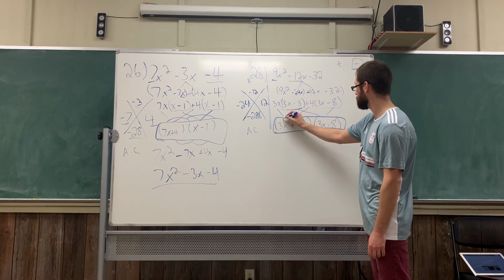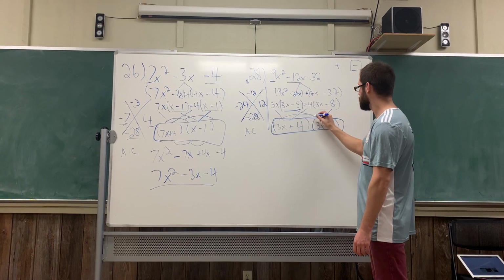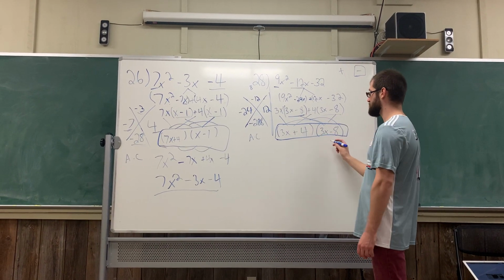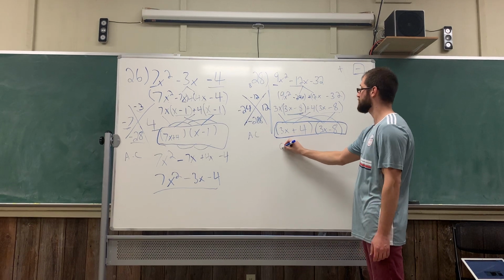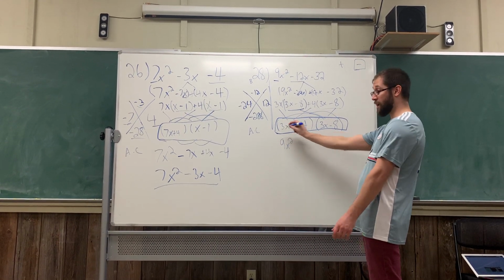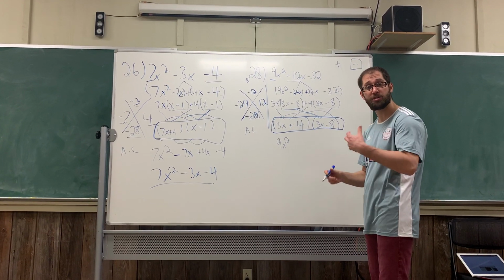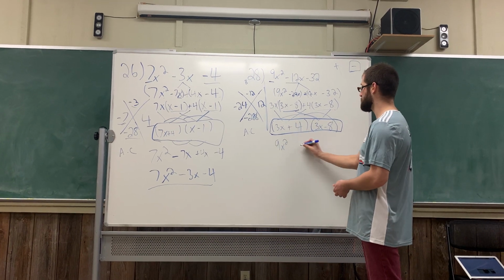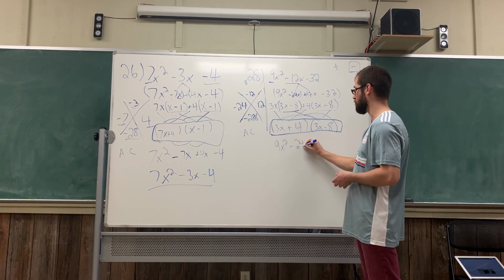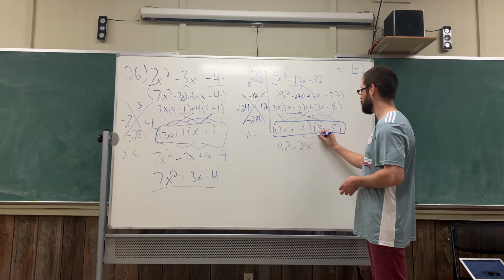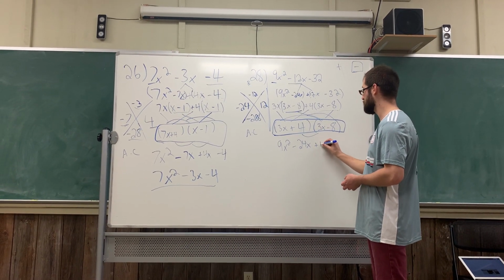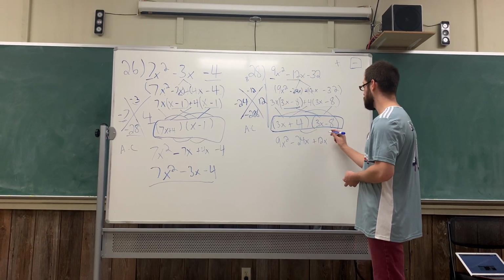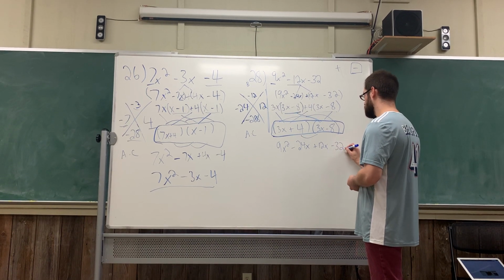Now let's take a look. 3x times 3x is 9x squared. That was our answer, sorry. Now I'm going to check it. 3x times negative 8 is negative 24x. 4 times 3x is 12x, and 4 times negative 8 is negative 32.